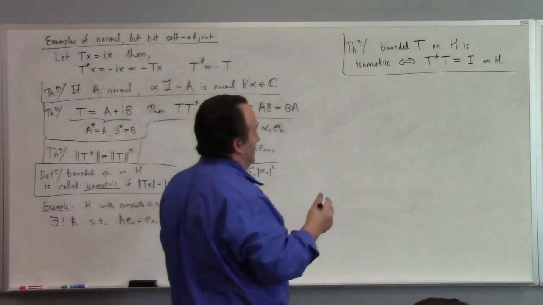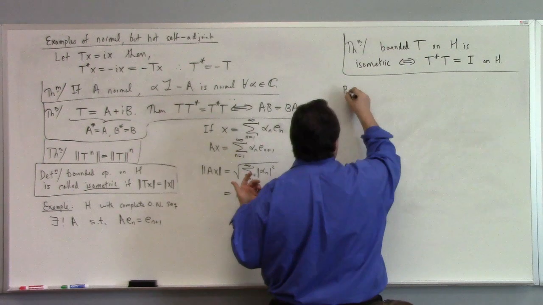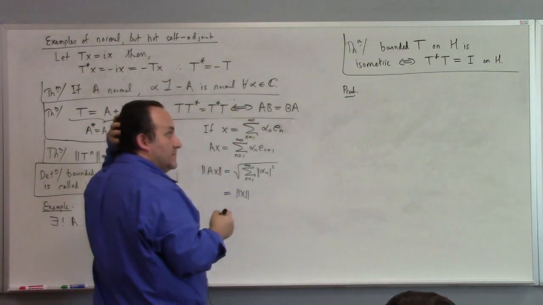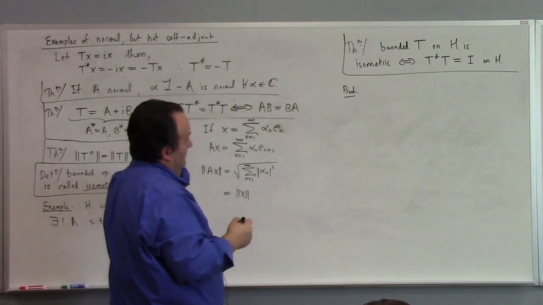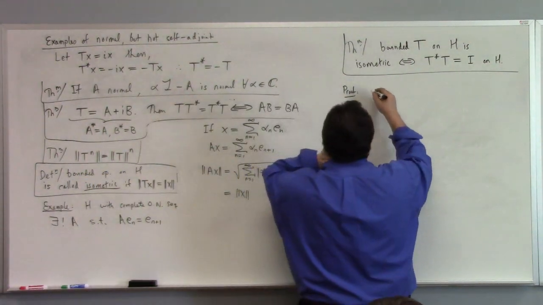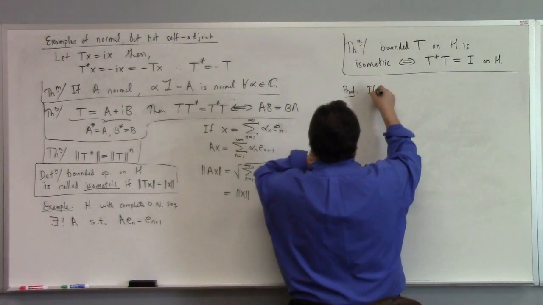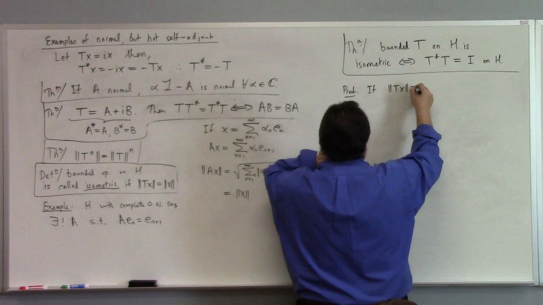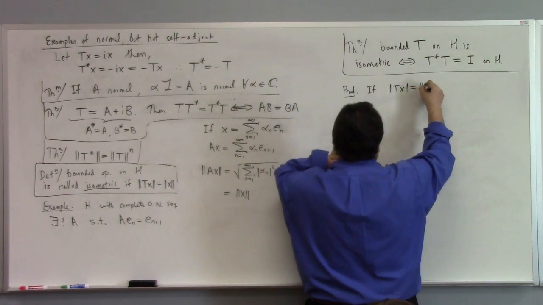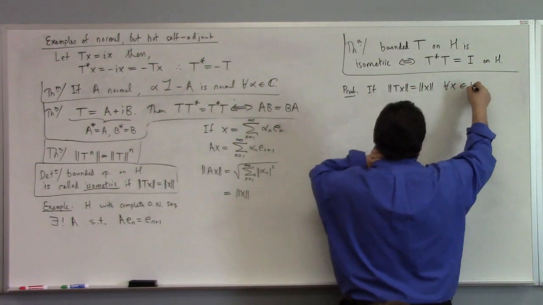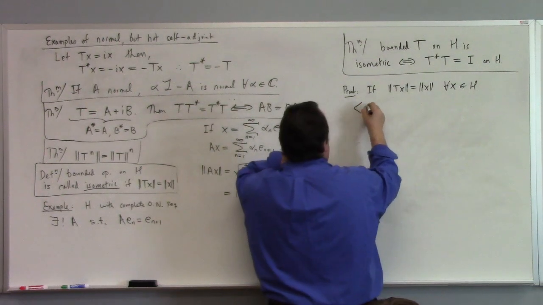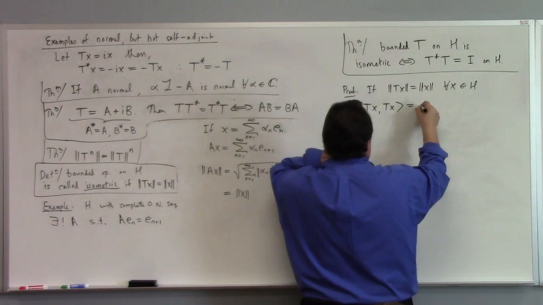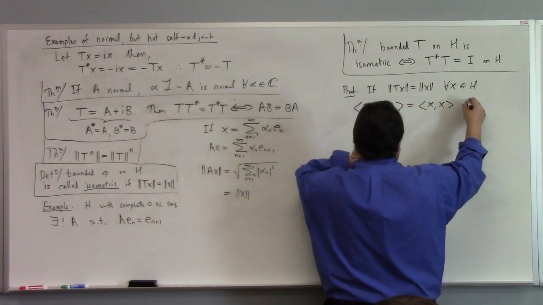So, all right, the proof of this. If the norm of Tx is equal to the norm of x for all x in H, then what do we get? We get the inner product of Tx with Tx is equal to the inner product of x with x for all x.